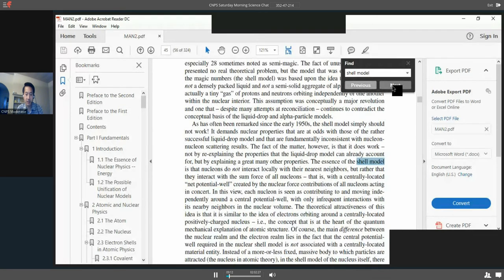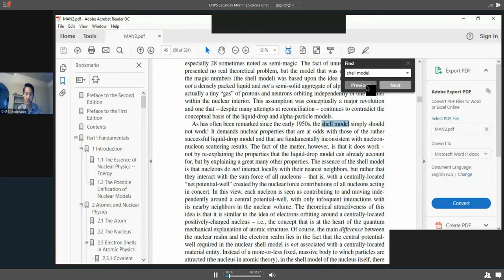Mm-hmm. Yeah, I was just looking through the book for references to the shell model and the liquid drop model, and certainly he mentions that quite a bit in this particular book. So I was wondering if he summarized what those two models involved.